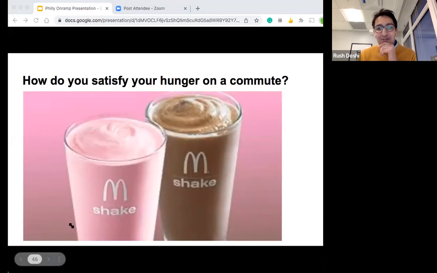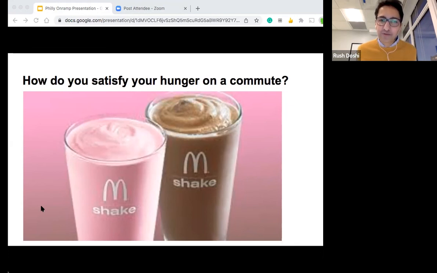I'm not sure how many of you have ever had a McDonald's milkshake or enjoy them. They're pretty tasty, but Clayton's team was hired by McDonald's because McDonald's had seen that the sales of milkshakes were pretty flat. So they did what any classic fast food company would do.